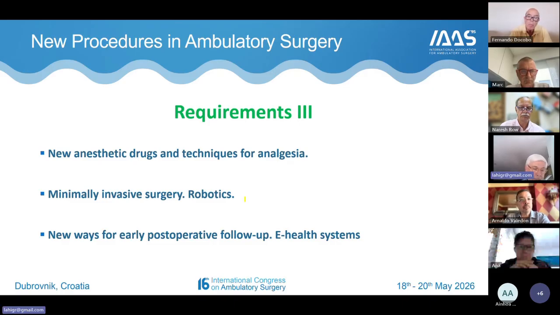We have today new anesthetic drugs that will be very helpful: short-acting, easily controllable. And besides that, new analgesic drugs and systems for pain control.